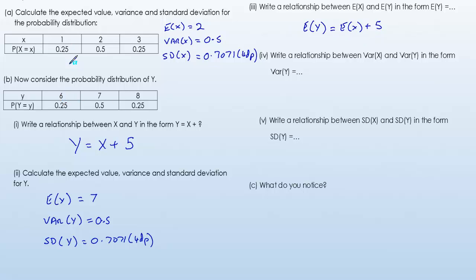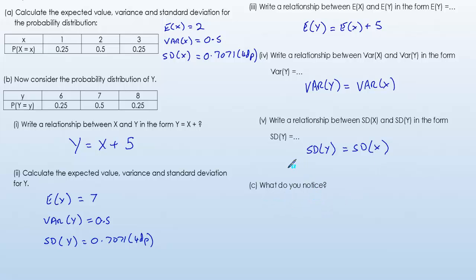And that's because adding to x has moved the distribution along, so the middle is now at 7. However, if we look at var y, that's just equal to var x. And the standard deviation of y is equal to the standard deviation of x.